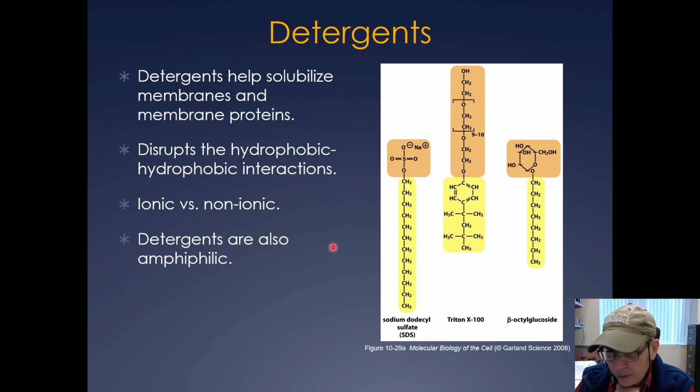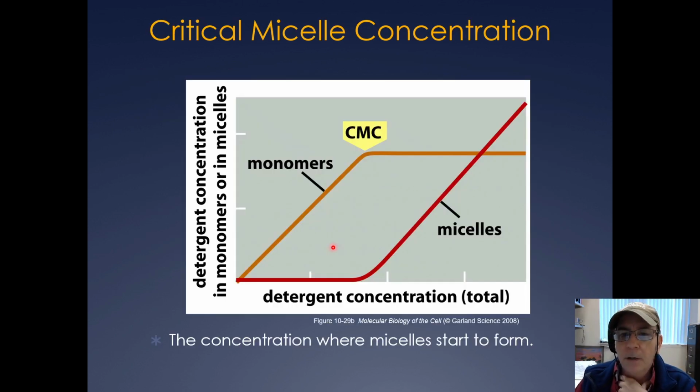Now, in order to solubilize membranes, you have to get to a point called the critical micelle concentration. The critical micelle concentration is defined as the concentration of detergent that will create micelles.